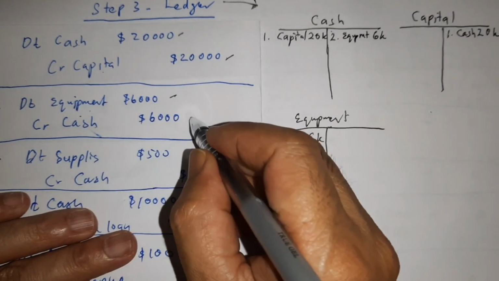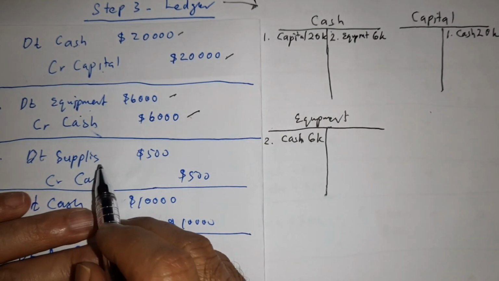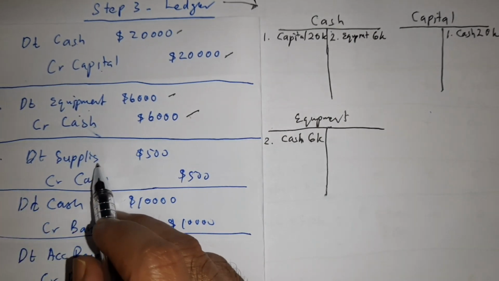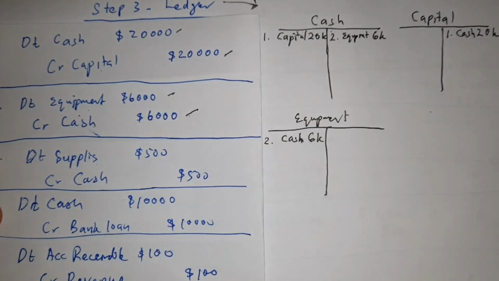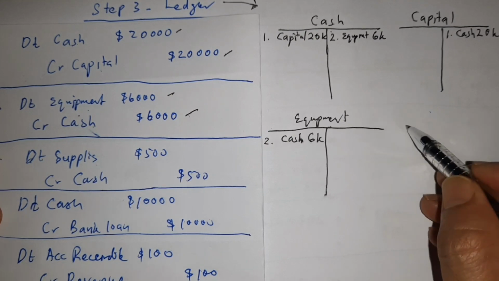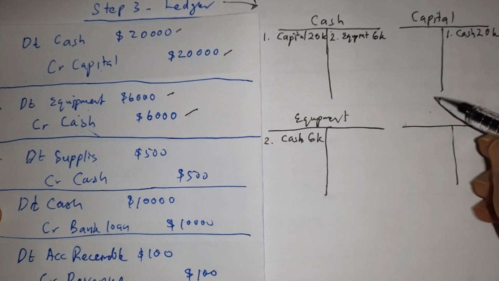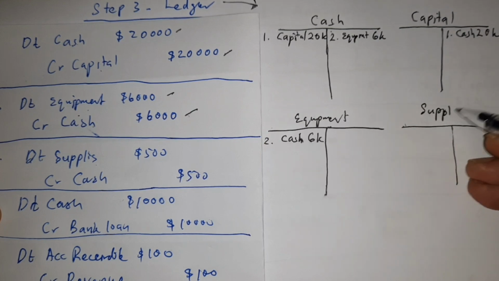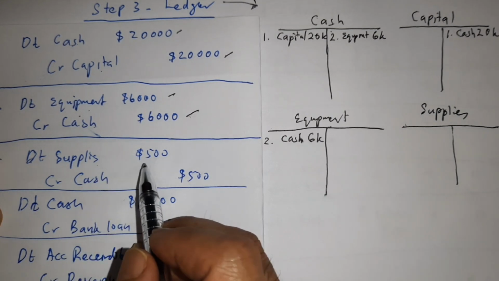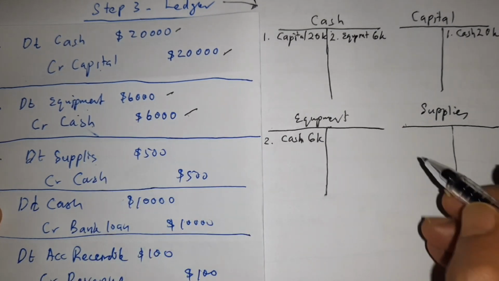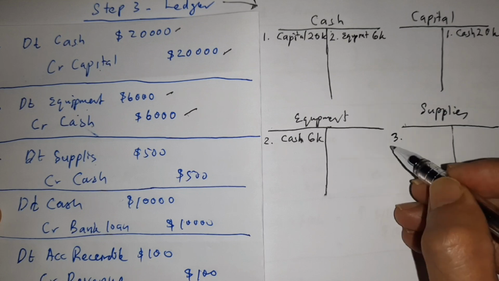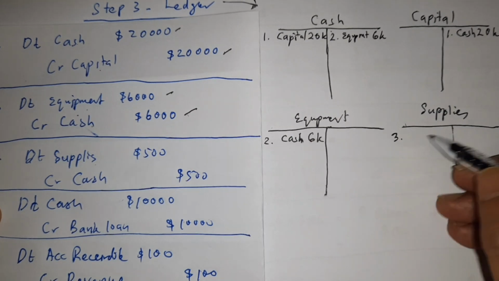Now this one has been done. You have to do the same thing to other accounts. So debit supplies 500. There is no account supplies, so you create an account for supplies. Okay. Debit supplies 500. The transaction is number 3. So you put here the date of the transaction.